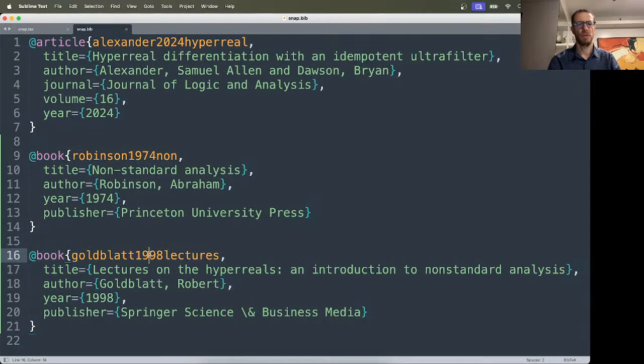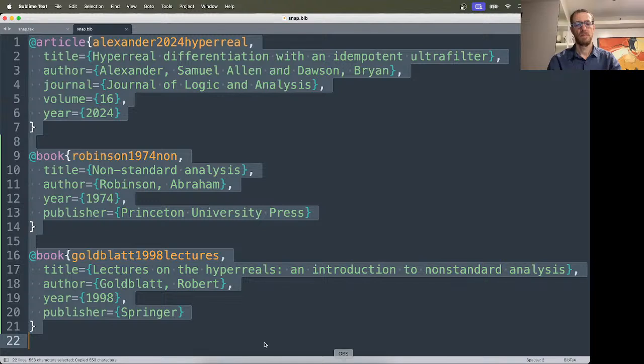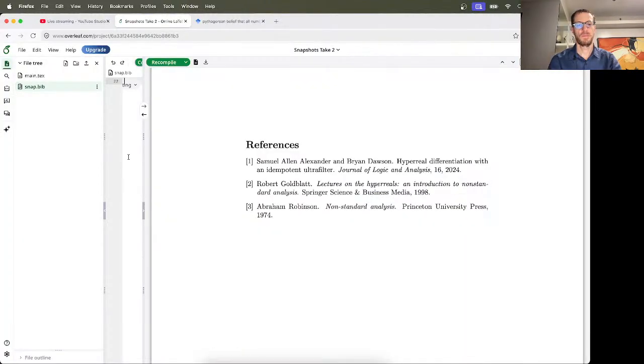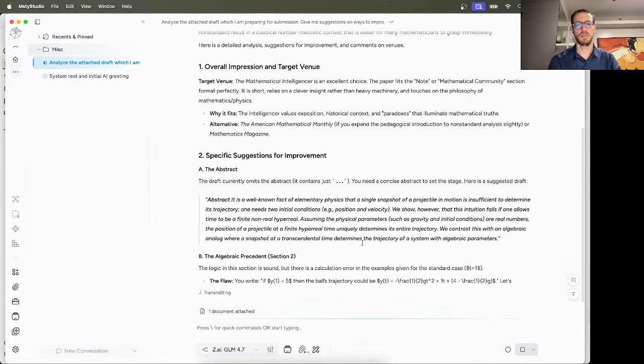And let's change the publisher to just Springer. How's the AI doing? Okay, good.